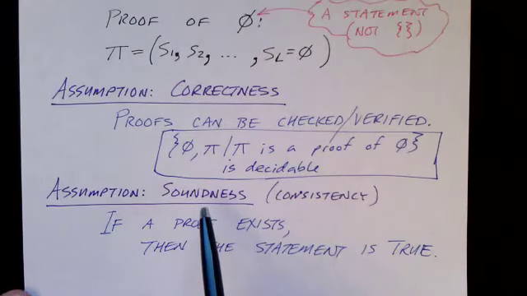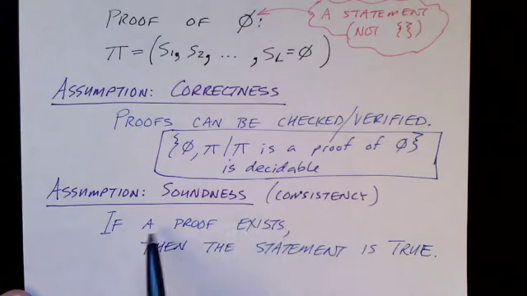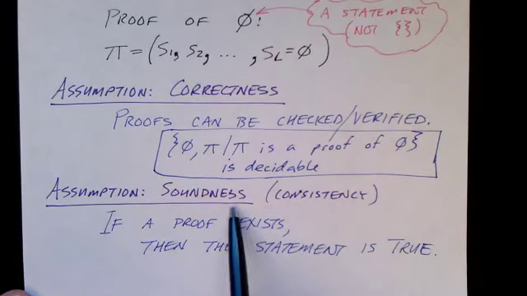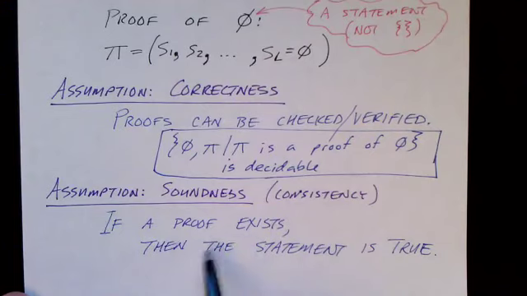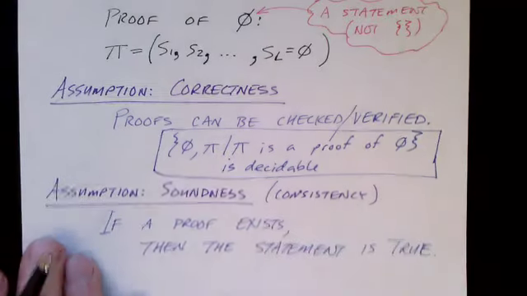And we're also assuming soundness, that we can only prove things that are true. In other words, if a proof exists, then the statement is true. We can't prove false things. So that's called consistency or soundness. If a proof exists, then the statement is true. These are sort of the minimum things we need for a proof system.